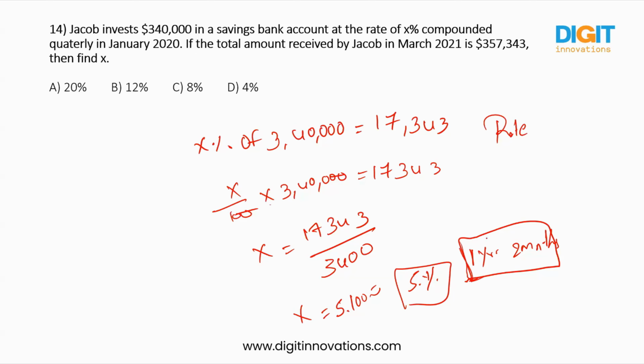So it is for a total of 1 year, 2 months, so it would be less than 5. It can be something like 4.2 or 4.8. It would be nearly 4. So the nearest option is option D.